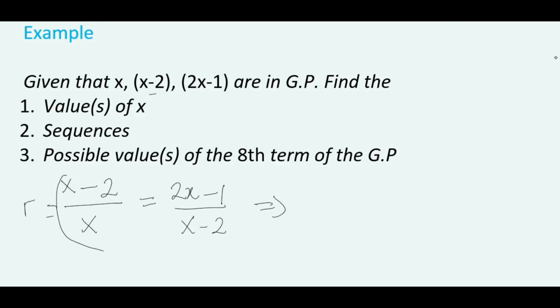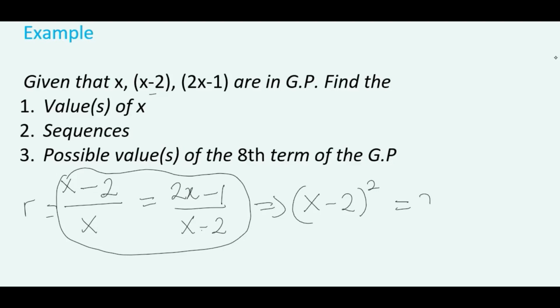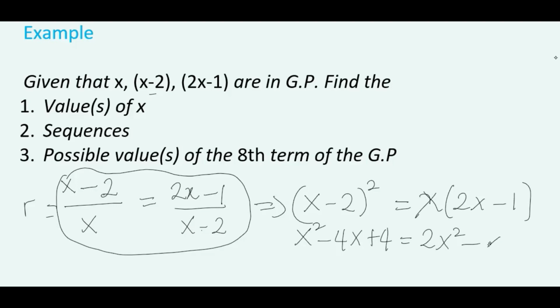We cross multiply, so we have x minus 2 squared, because they are the same thing, equals x into bracket 2x minus 1. So we now have x squared; we open up this bracket, minus 4x plus 4 is equal to 2x squared minus x.